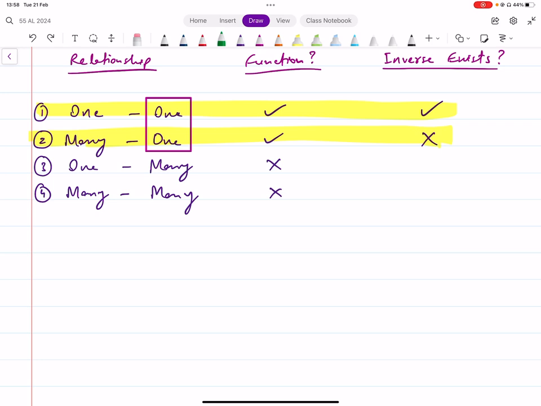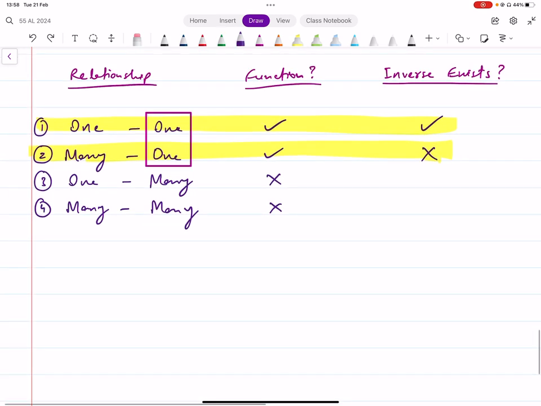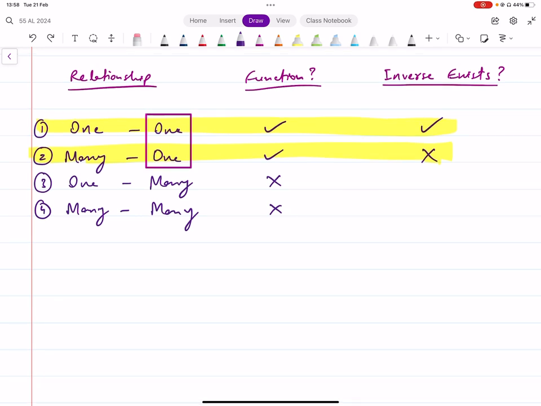Any problems? वन टू मेनी फंक्शन ही नहीं है ना, तो उसका हम इनवर्स निकालेंगे नहीं. वो फंक्शन ही नहीं है ना, तो उनको तो हम देख ही नहीं रहे. We are not even considering them, right? तो वो इस टॉपिक में है ही नहीं. हम इनवर्स सिर्फ निकालने की कोशिश करेंगे फर्स्ट टू का, उनमें से सेकंड का नहीं एग्जिस्ट करता, फर्स्ट का एग्जिस्ट करता. ऑलराइट, ये क्लियर है सबको?